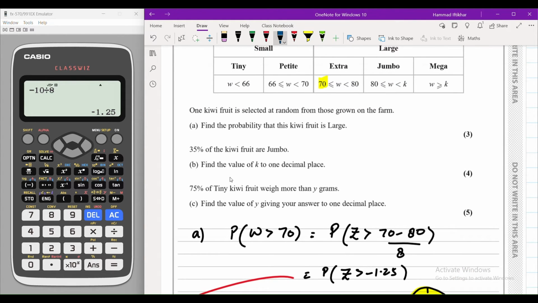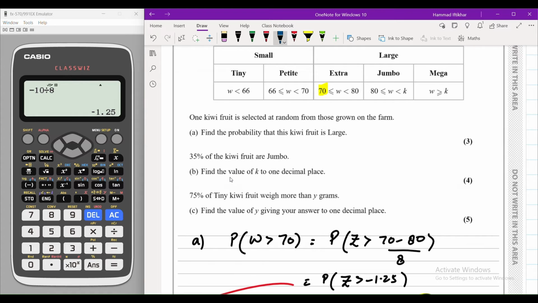35% of the kiwi fruit are jumbo. Find the value of k to one decimal place.